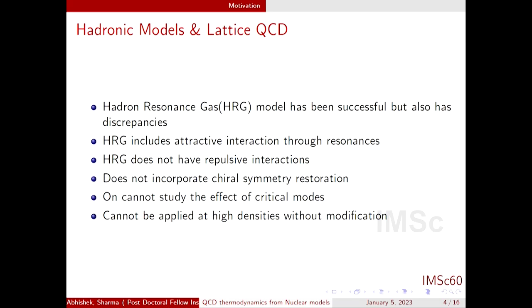One is that the model does not incorporate chiral symmetry and its restoration. Chiral symmetry is an important and known aspect of QCD, but it is not included in the model. And because chiral symmetry is not included, one cannot study the effect of the critical modes.